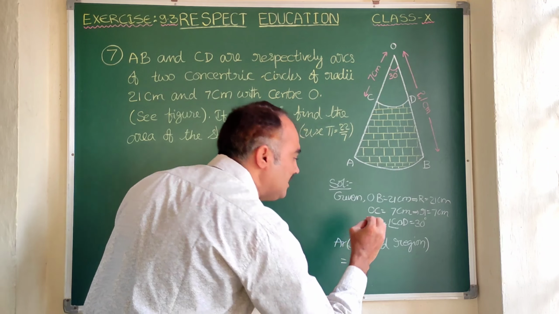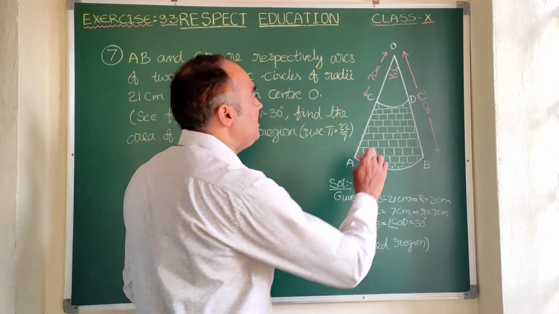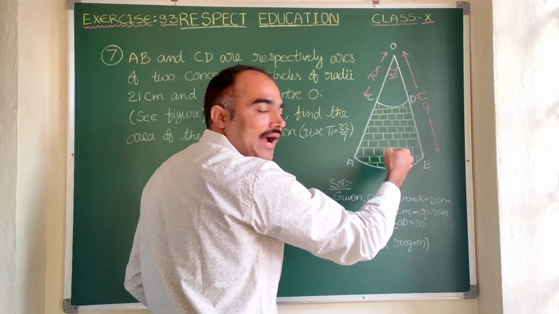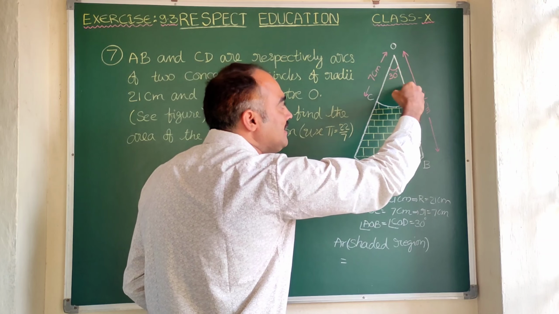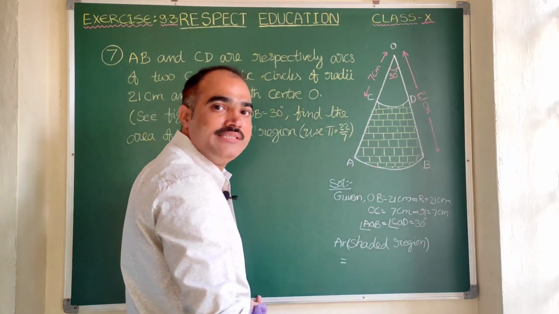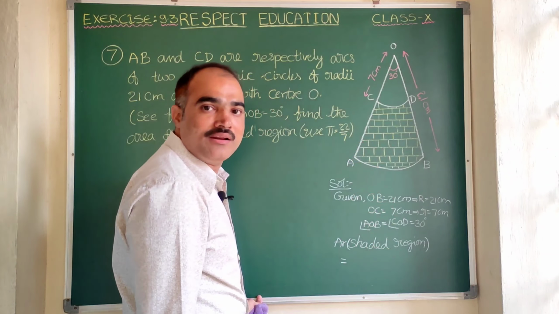Now let us see how to find the area of the shaded region. You observe the given figure. OA is the radius, OB is the radius. So OA and OB are the radii of the bigger circle. AB is the arc. The region or the area bounded by two radii and the arc is called the area of the sector of the bigger circle.